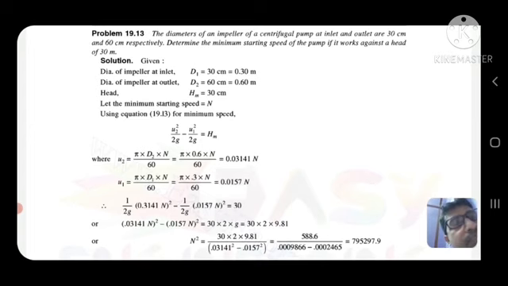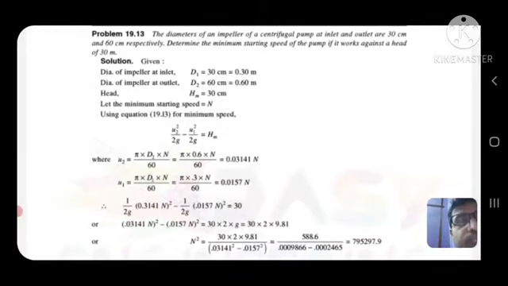Given: diameter of impeller at inlet D1 is 30 centimeter, 0.30 meter. D2 is 60 centimeter, 0.6 meter. Head is 30 meter. Let the minimum starting speed be N.